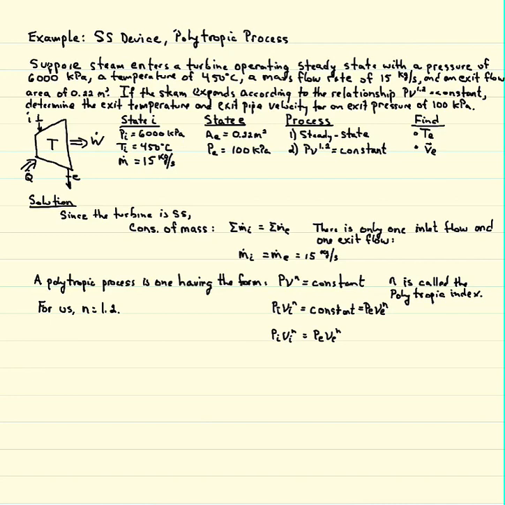Okay, well, let's think about this and see what we know and what we have to find out. Well, first of all, Pi is known. This is given to us. Okay, so that's a known property. And Vi is known. And the way that Vi is known is Ti and Pi are known.